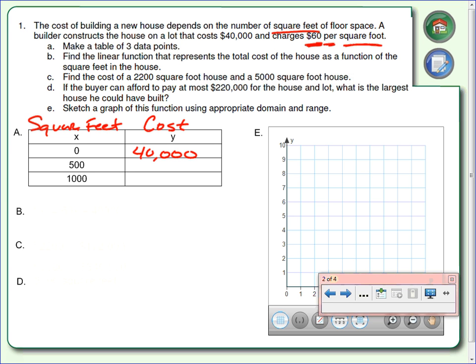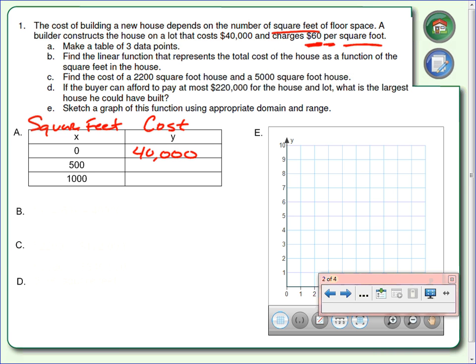So what am I going to do with the 500 and this 60 over here? What am I going to do with those two numbers? Nope, not divide. Multiply. So go to your calculators, guys, and let's multiply 500 times 60. Because remember, they're charging me $60 for every square foot. How much? 30,000.